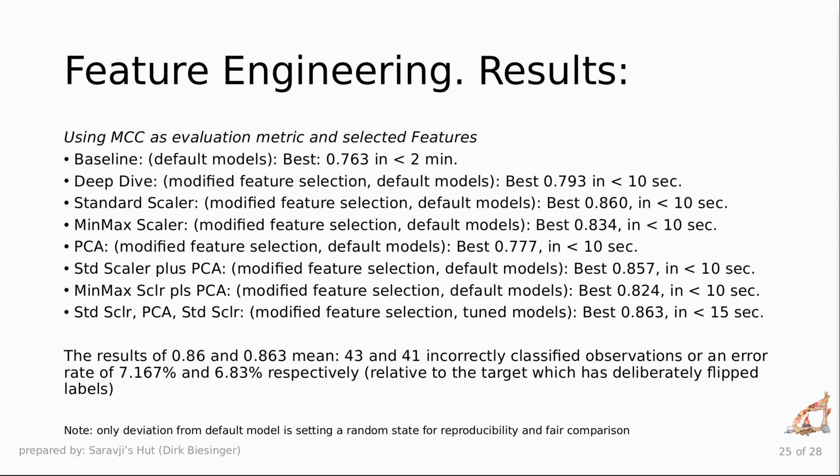So there are deliberate errors in this data set, and the results that we are seeing here are basically finding those induced errors. That is the level of performance that we're looking at here.